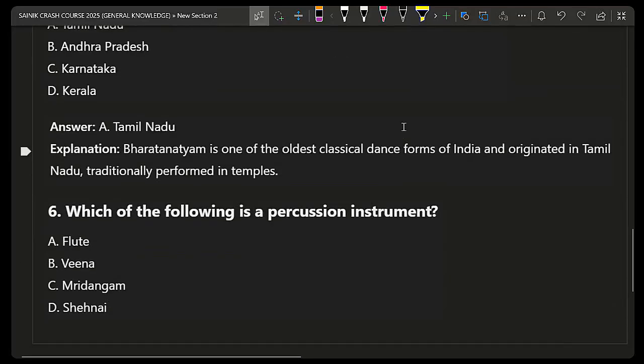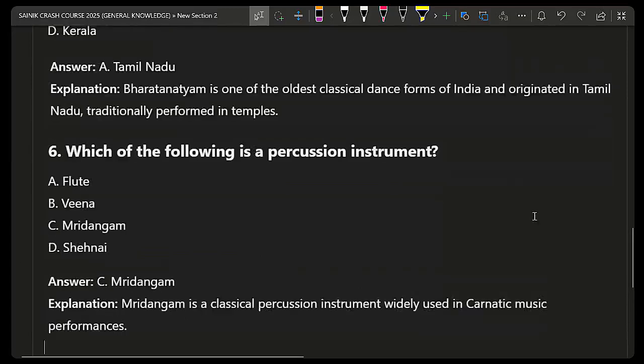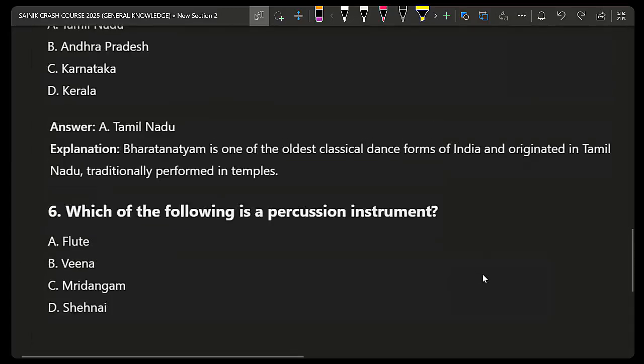Which of the following is a percussion instrument? Flute, veena, mridangam, shehnai. We discussed types of instruments. Which one of these is a percussion instrument?